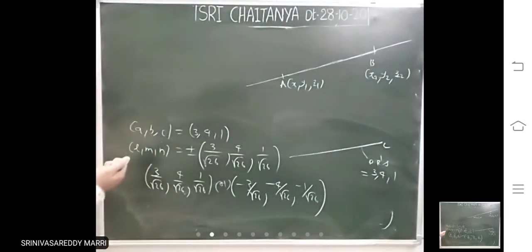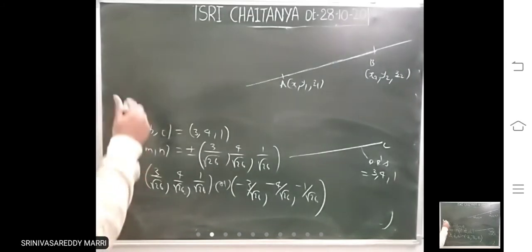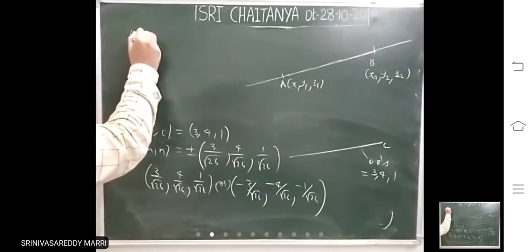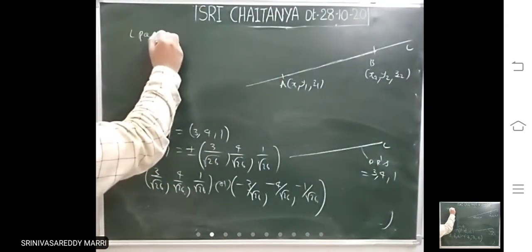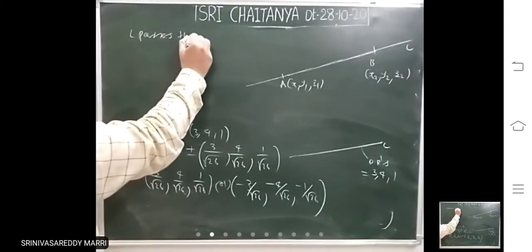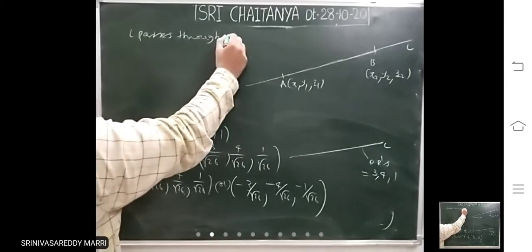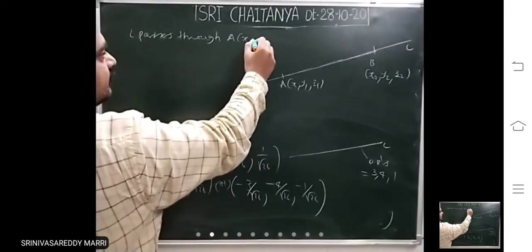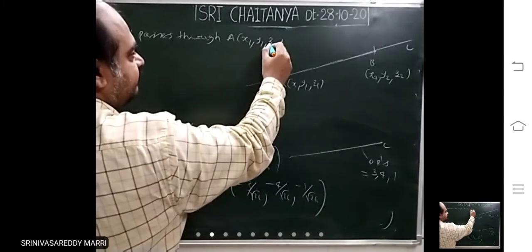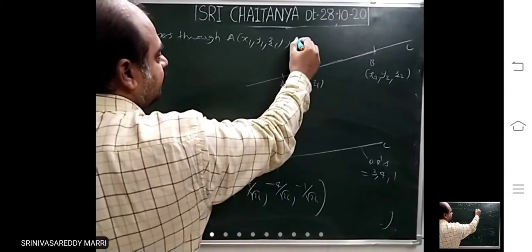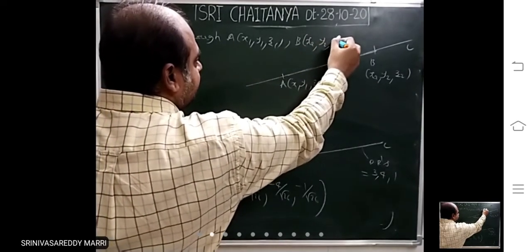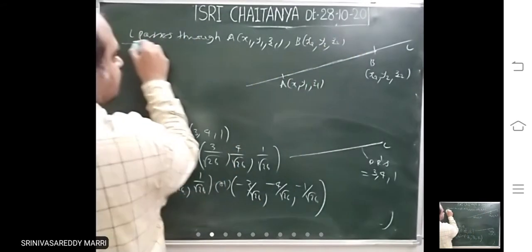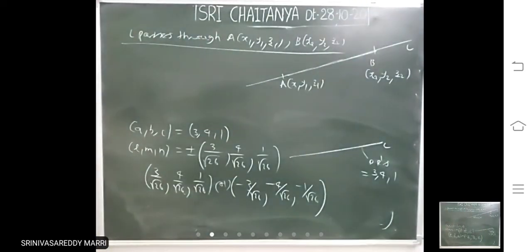Now, let us say L is a line that passes through A (x1, y1, z1) and B (x2, y2, z2). Suppose line L passes through 2 points.